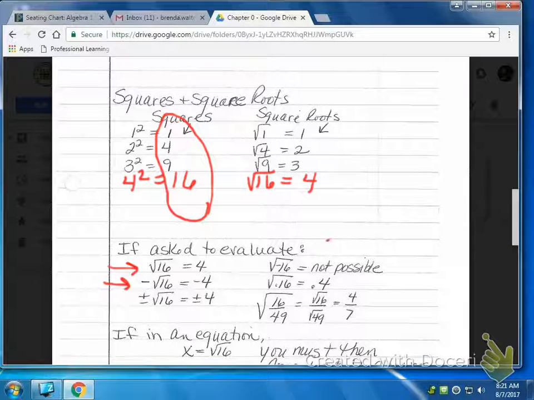A couple of other things, if there is a negative on the inside, for us right now, that is not possible. That changes in Algebra 2, so be thankful for it now. We can't do that one. If it would be a decimal, then it would have a decimal answer. And if it would be something fractional, like 16 over 49, you would separate it, because they're both perfect squares, and then reduce each of those.